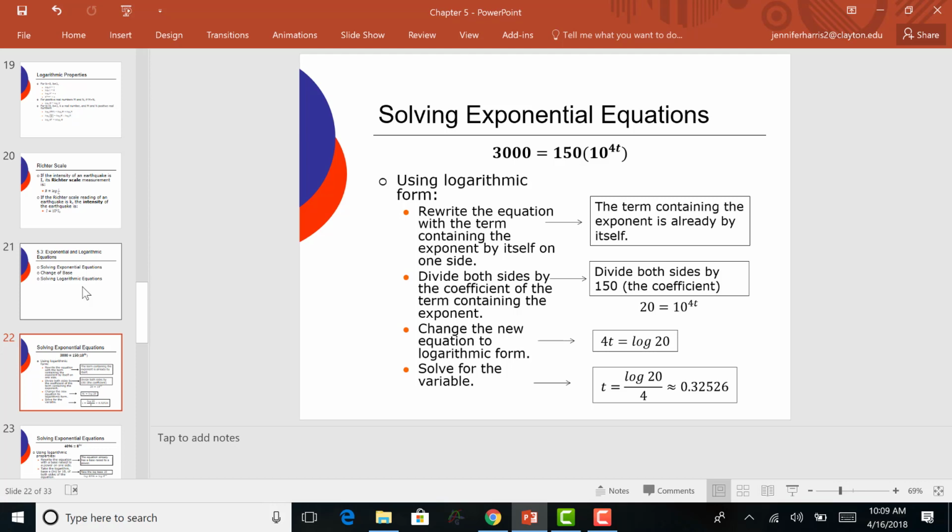We want log 20 divided by 4. So put log 20, hit your equal sign, then divide by 4.